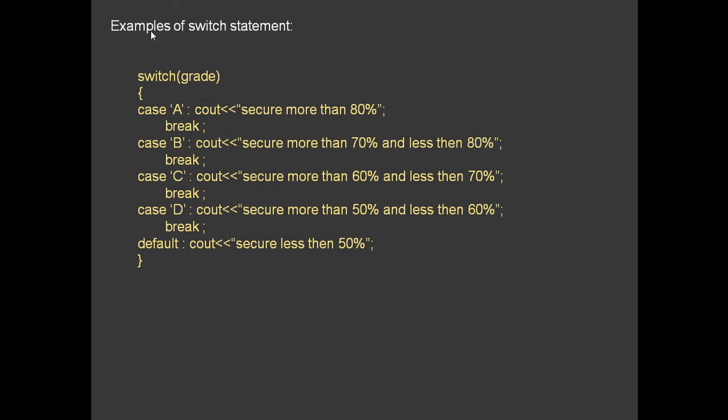Since grade is a character, it can accept alphabets from the keyboard. If grade is an integer, then it cannot accept alphabet values. Then in that case it will be case 1, 2, 3, 4, and since it is an integer, integer values are not enclosed in single quotes.